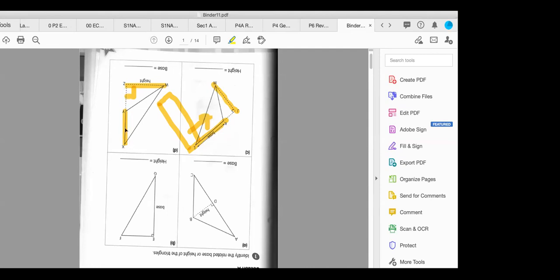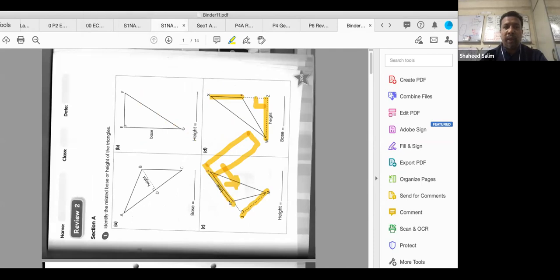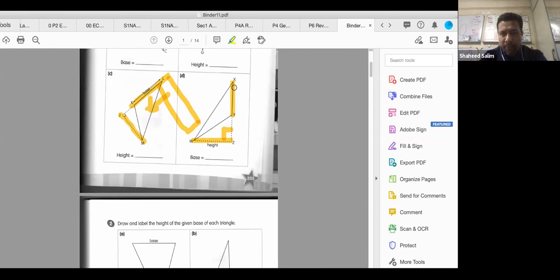So it's XY. XY is the correct answer. I hope you're getting better at this, that's well done, but it's supposed to be XY. So XY is here, or YX. Don't include this dotted line because there's nothing here. Okay, so we move on to the next one.